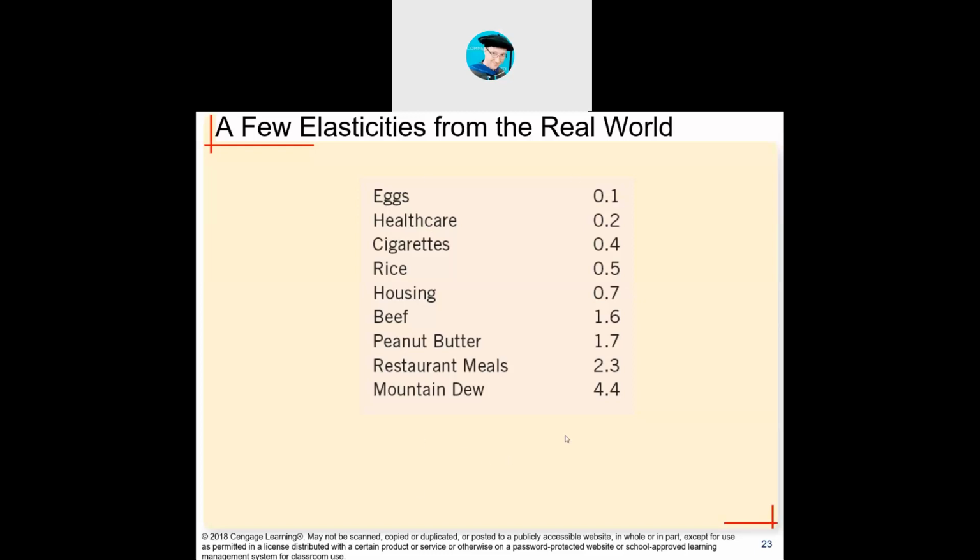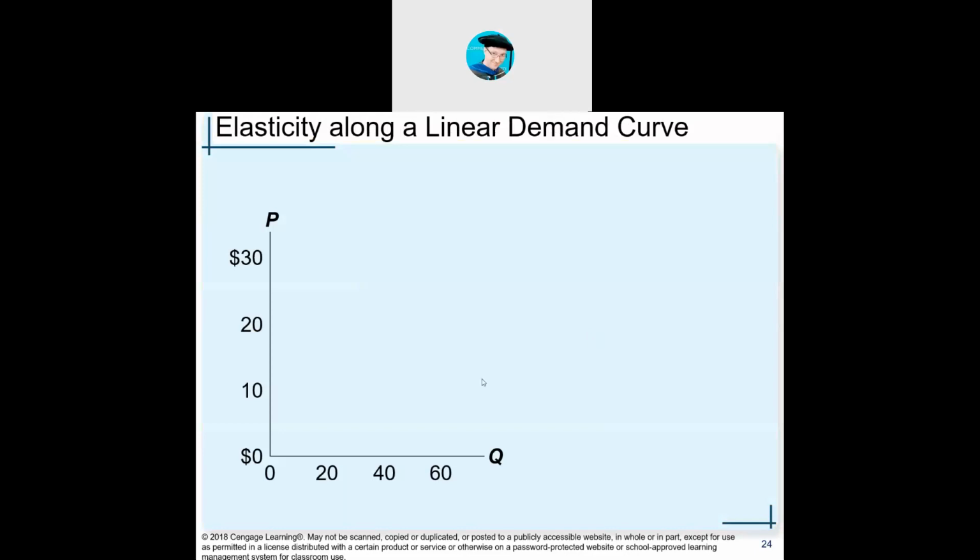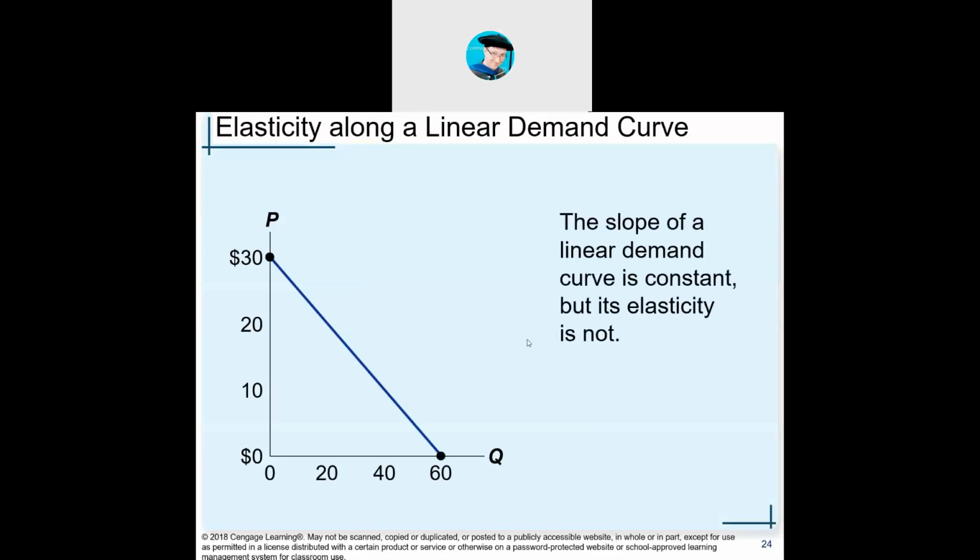That's basically what this scale represents. As we know, demand curves are downward sloping to the right. With a linear demand curve, even if the slope is constant, its elasticity may not be constant.